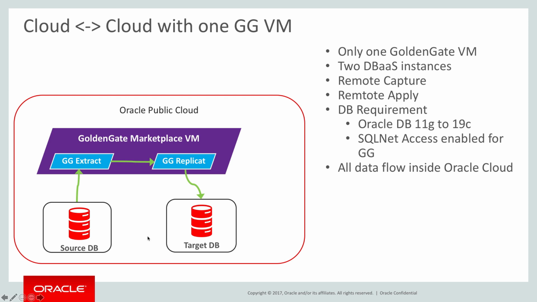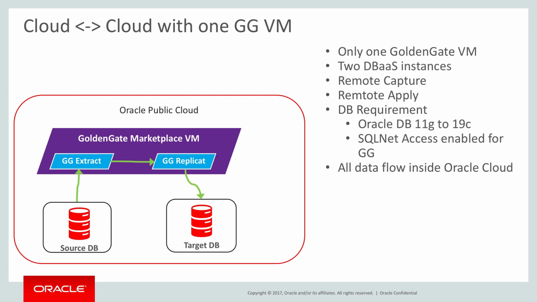So what we're going to do today is very simple. We're going to use the extract running in the GoldenGate microservice architecture to do the remote capture from a source database, which is actually a DBAS instance running in OCI. And then we're going to push the captured data into another DBAS instance running in OCI, and that will be the target DB. So it's quite simple, and right now I'm just using one microservice architecture.